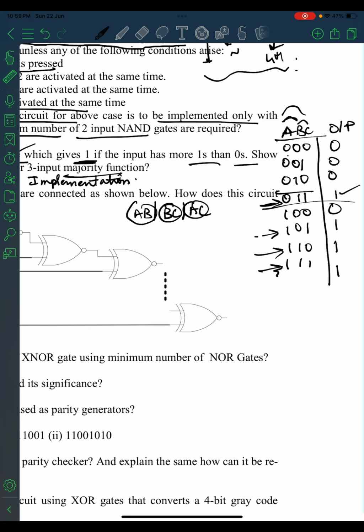So that is the function for this question: AB plus BC plus AC. If you do the K-map, it is very easily done, same as the previous question. So the output Y is equal to AB plus BC plus AC.